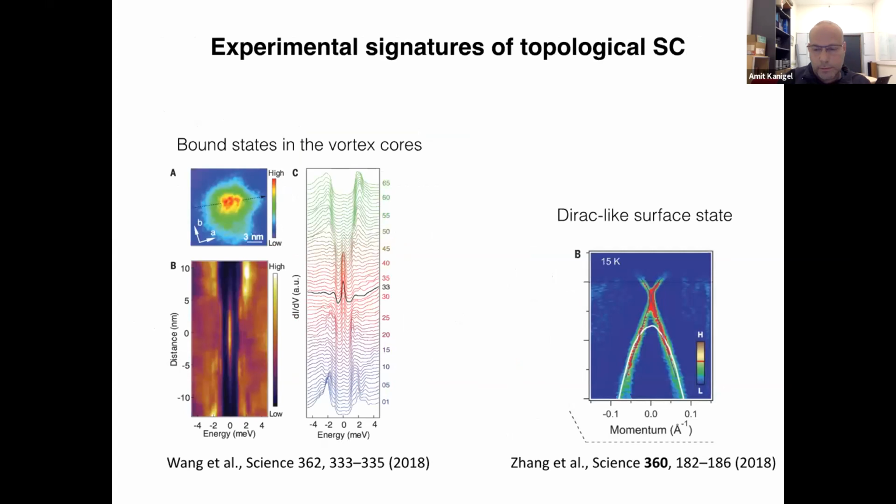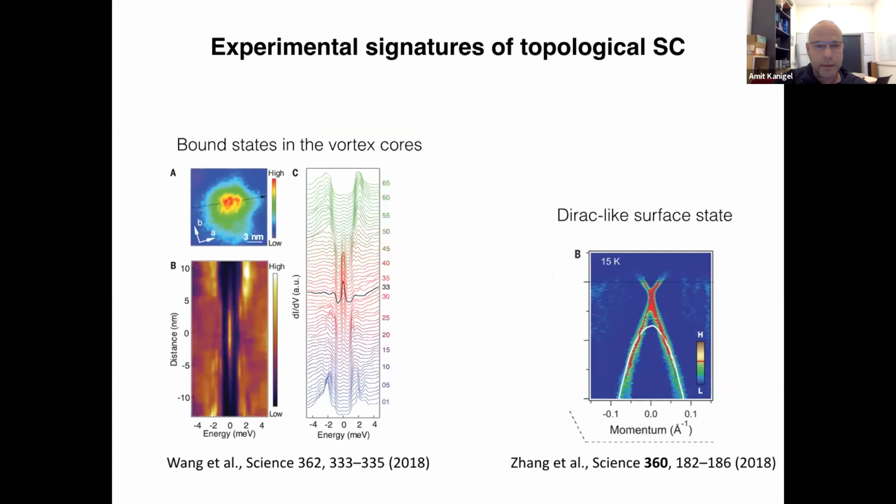But soon, or at least 2 years ago, there were very nice demonstrations that actually were indicating that this is indeed a topological superconductor. The group of Hong Ding and Shixin showed a very nice Dirac-like surface state, and they even showed that it's spin polarized.